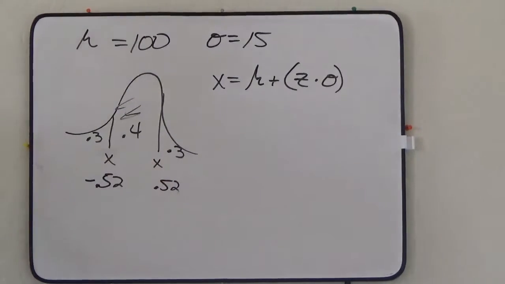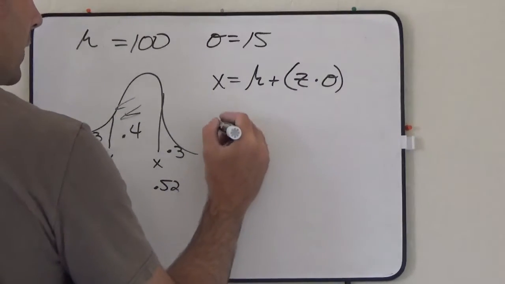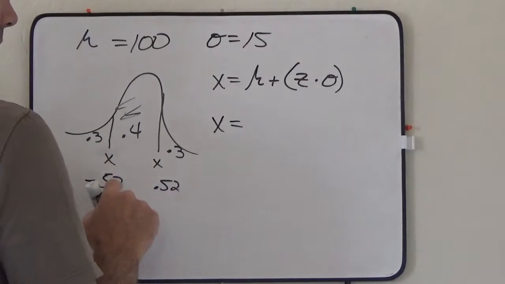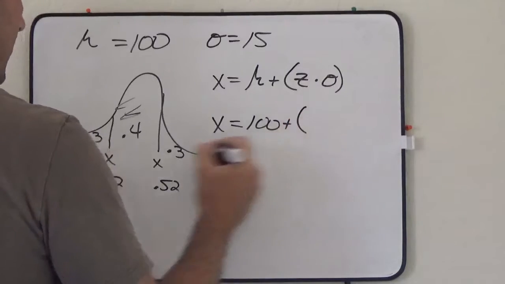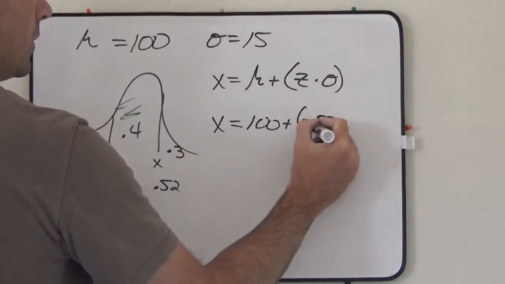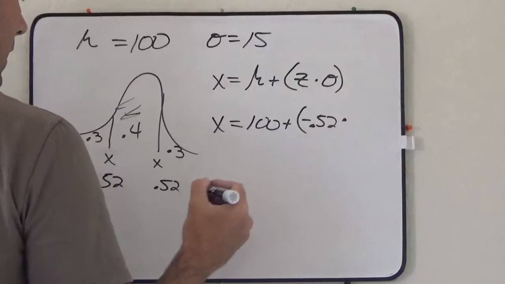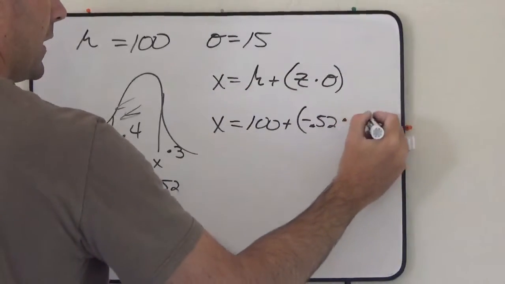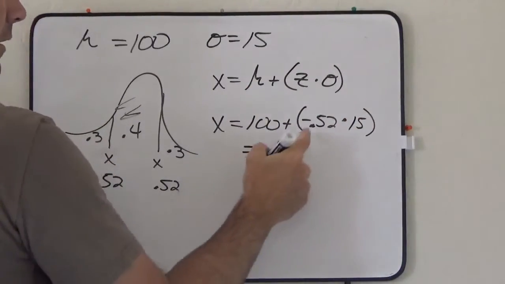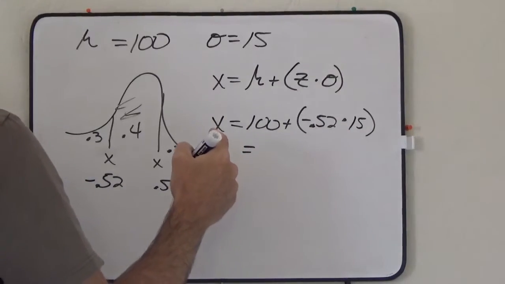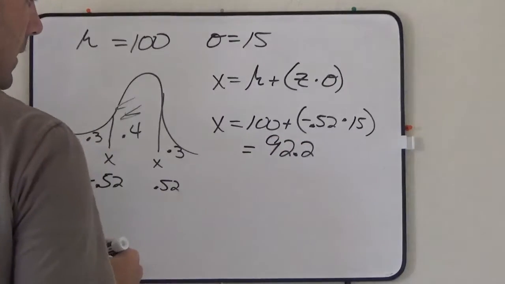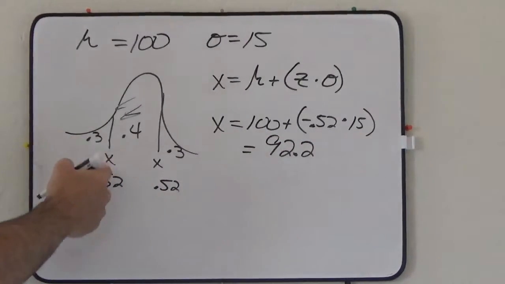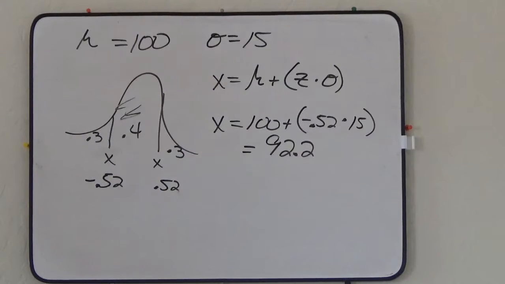So now I know the z-scores for those two spots, I just need to find x. Let's plug in the values that we know. For the first point, our mean is 100, our z-score is negative 0.52, times our standard deviation, which is 15. We solve that, you multiply first and then add 100 to it, and we get 92.2. So this value here is 92.2.